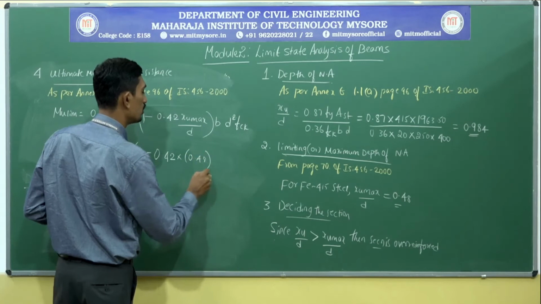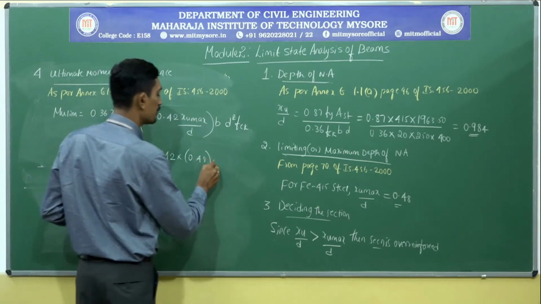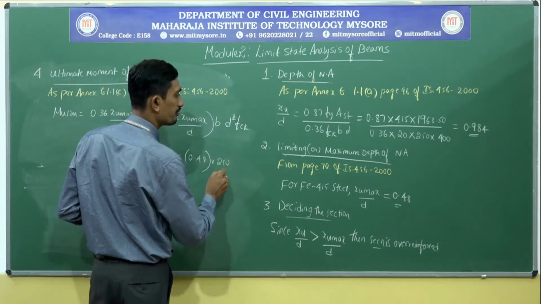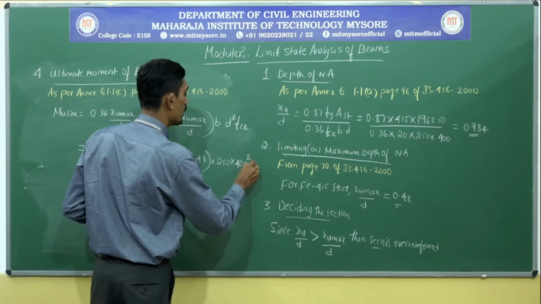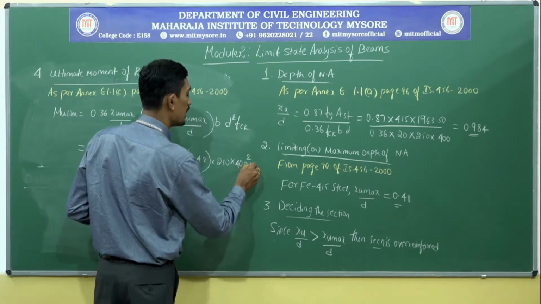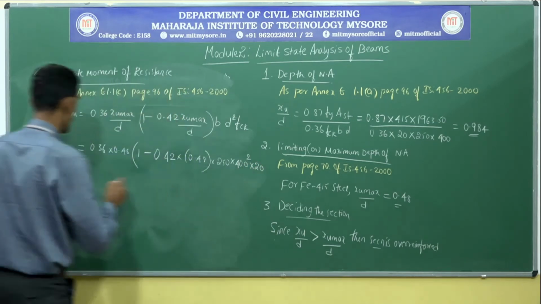0.48 into B, the width of the beam, is 250, into the effective depth 400 square, into the grade of concrete, which is 20.